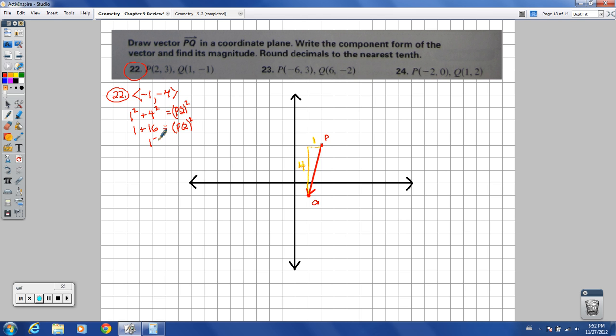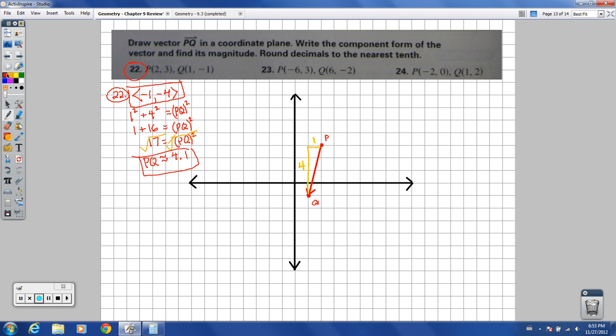That's 17 equals PQ squared. Take the square root of both sides, the square cancels. To round to the nearest tenth, plug that into a calculator, and you're going to get that PQ is about 4.1. So this is the first part of your answer, and that's the second part of your answer.